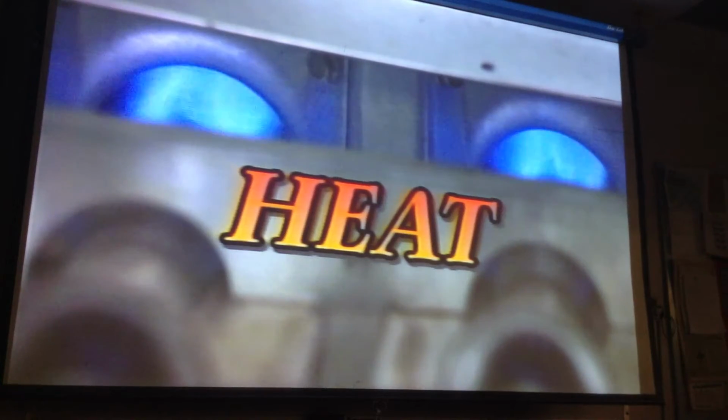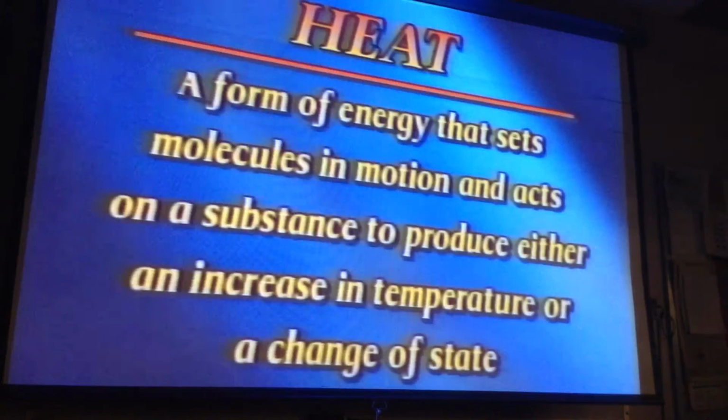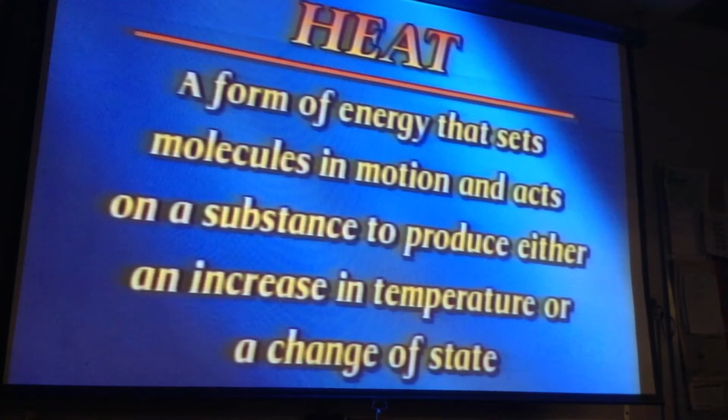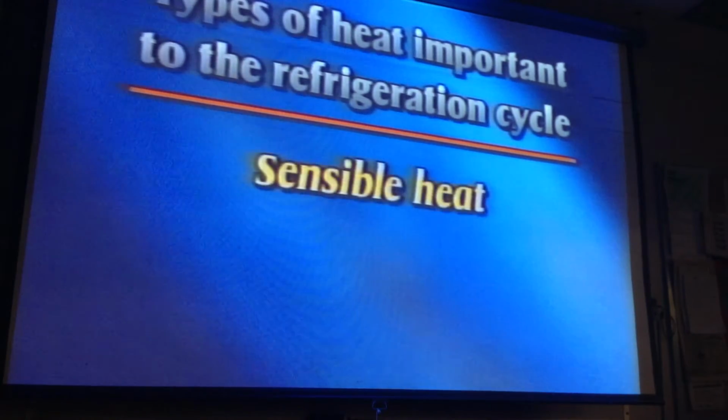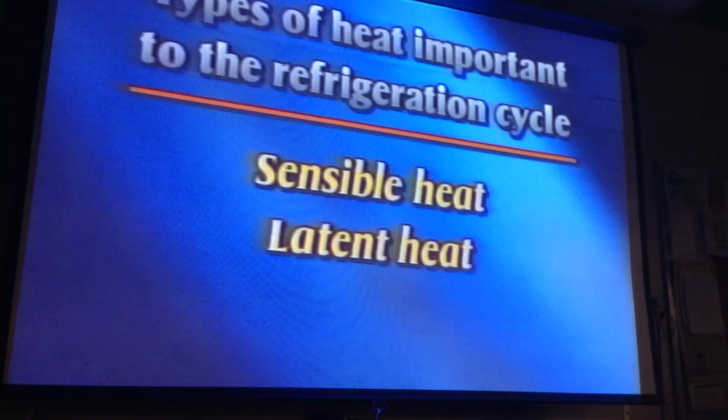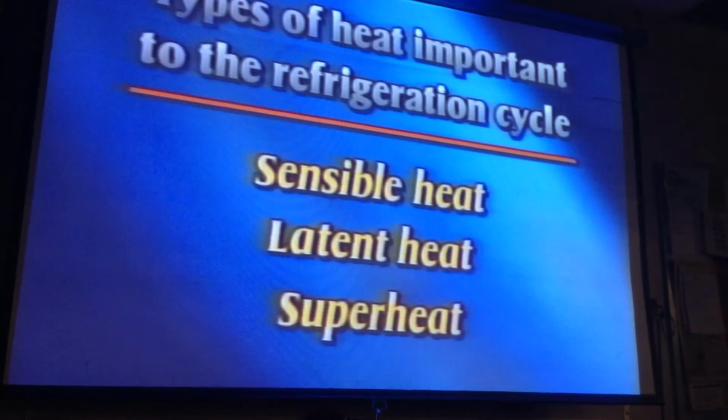An important term we will use throughout this video is heat. Heat is a form of energy that sets molecules in motion and acts on a substance to produce either an increase in temperature or a change of state. The types of heat important to this discussion of the refrigeration cycle are sensible heat, latent heat, and superheat.